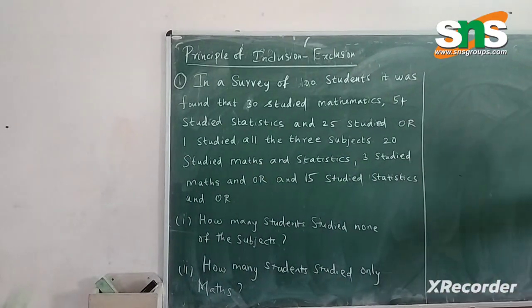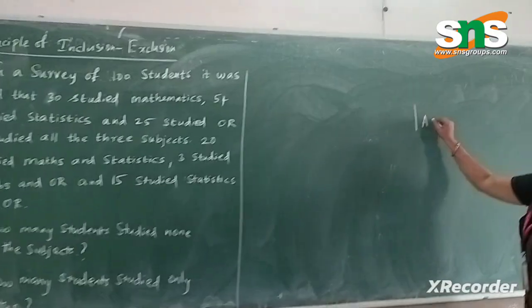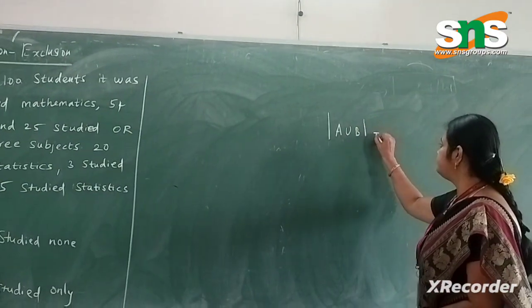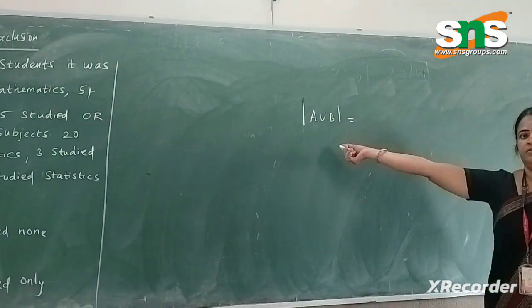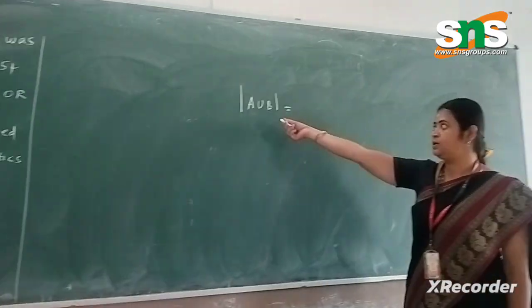If you have two sets A and B, the cardinality of A union B is given by, you have already seen this formula in your set language, is it not?